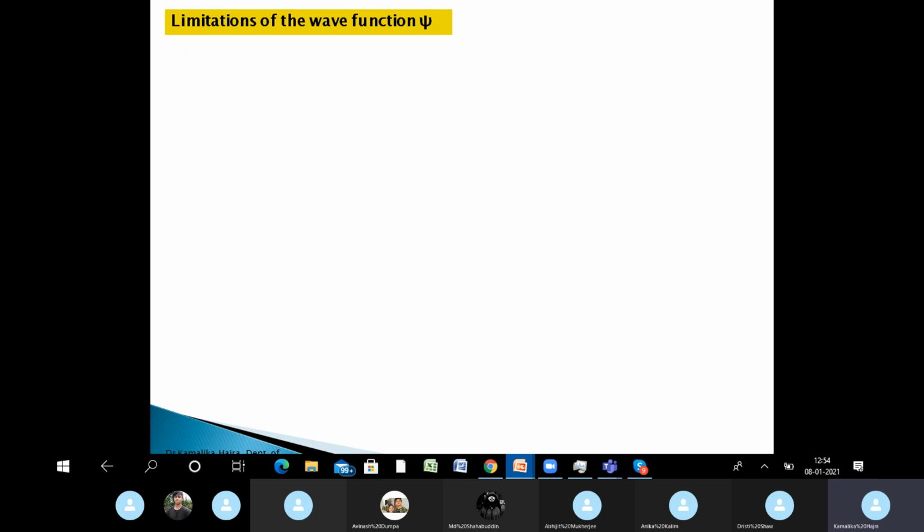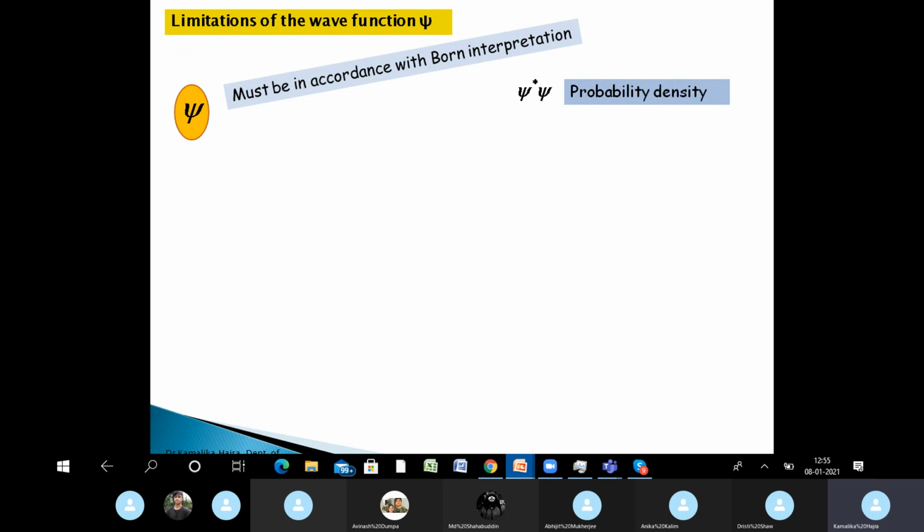Okay, so this is a very, very important concept. So psi must first of all be in accordance with Born interpretation. So psi must be such a function that psi star psi always represents the probability density.